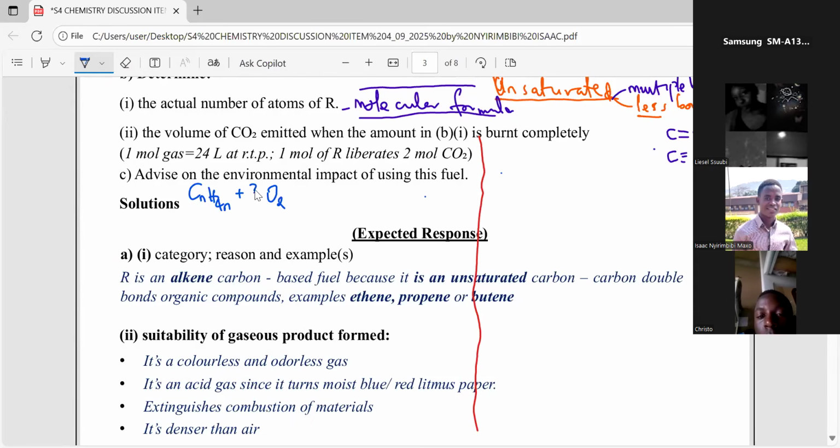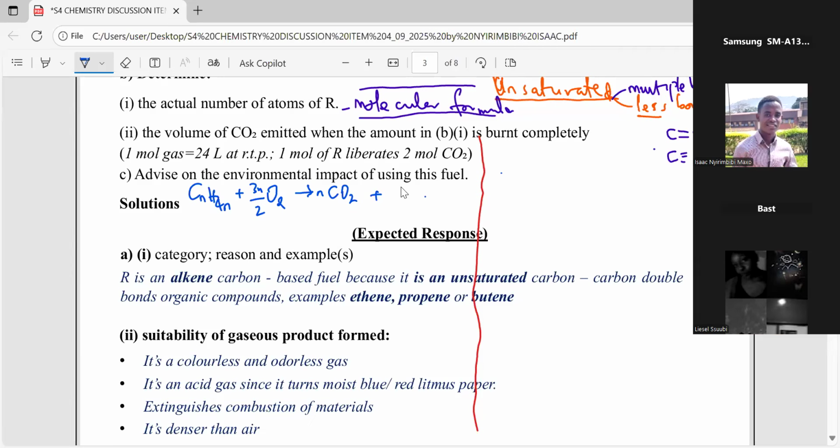Let's substitute. This was 3n over 2 O2 producing n carbon dioxide and what? Water. How many moles of water were there? It was n, just n, plus heat.